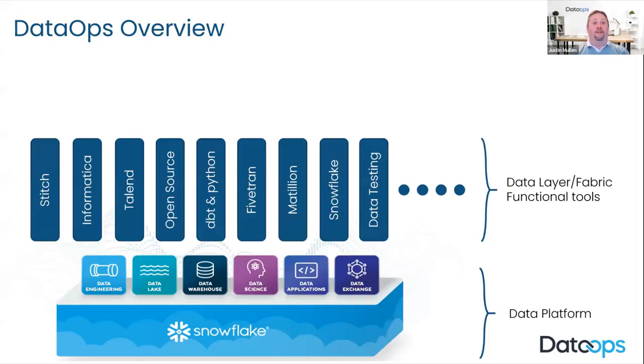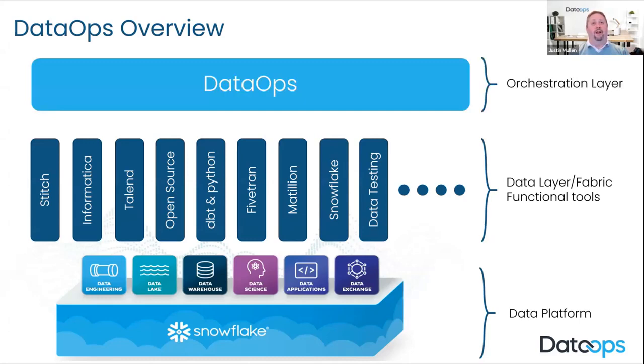Where DataOps fits is at this top layer, this layer we call the orchestration layer. That's really where we fit, and that's what we'll be talking to you about today: how we manage and orchestrate through all of these tools directly into Snowflake and beyond Snowflake into its data sharing and the ecosystem of the data cloud.